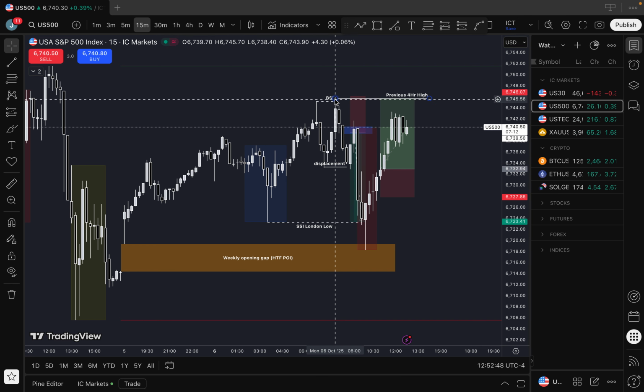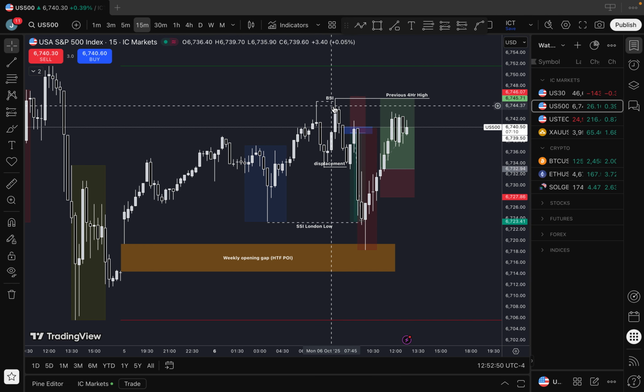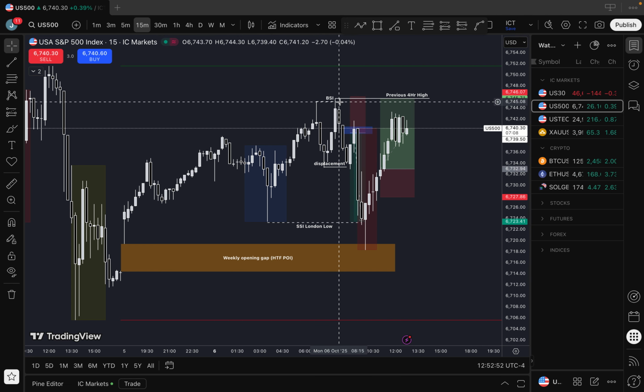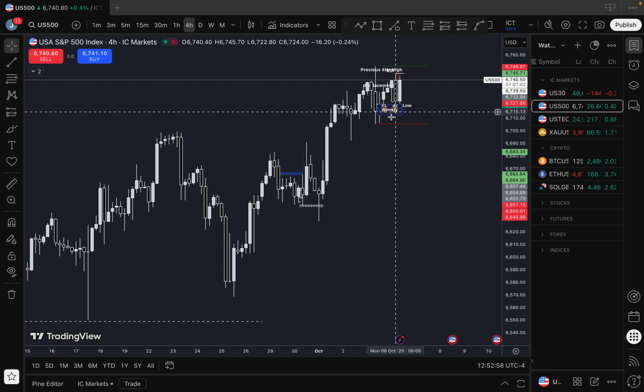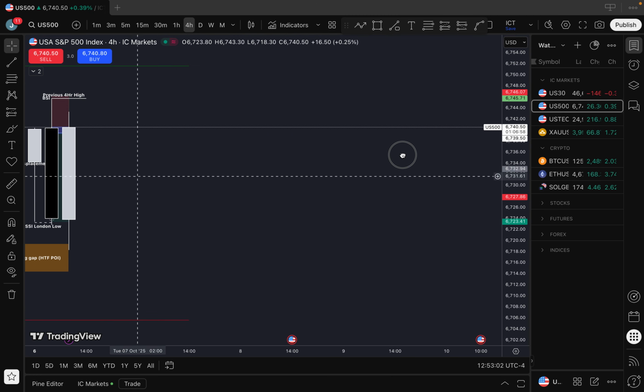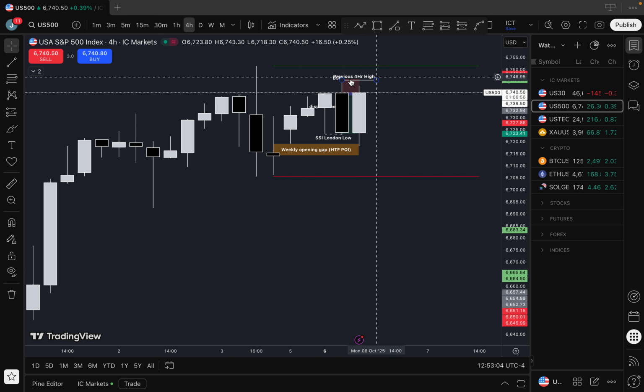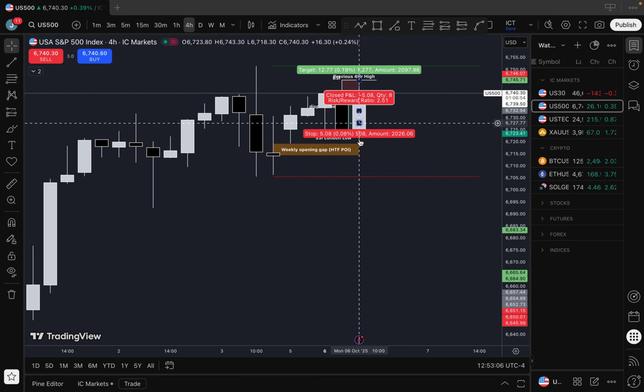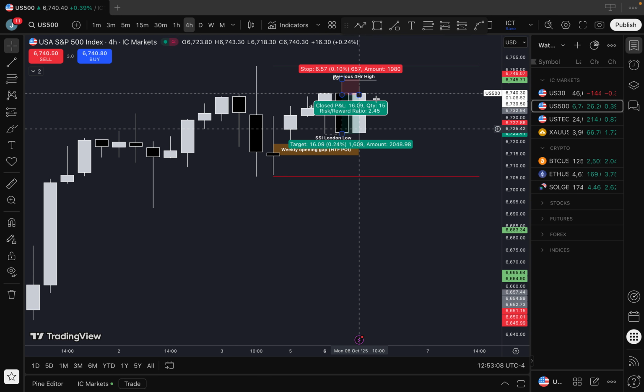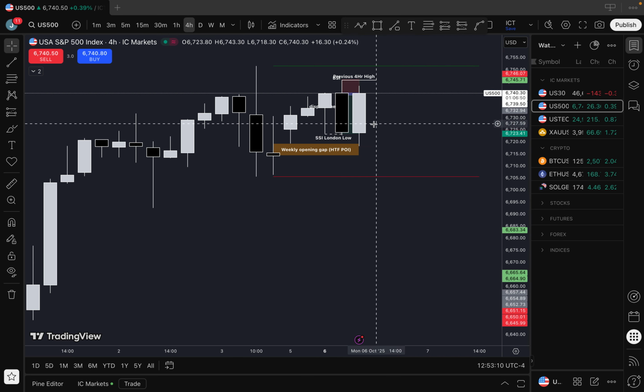Then you get your push up at 8 o'clock to sweep this buy side, and that creates our 4-hour high on the candle. That is this high here, and that's basically the target or the trade idea for the second position that I've marked out.